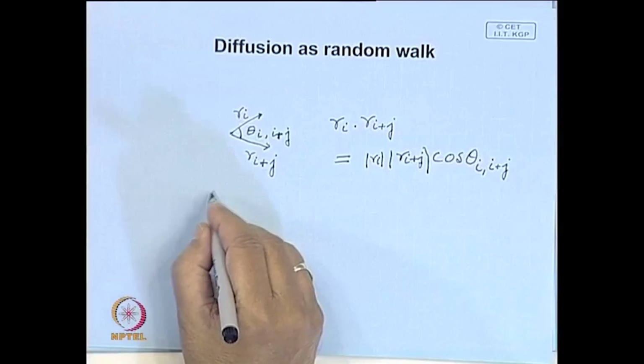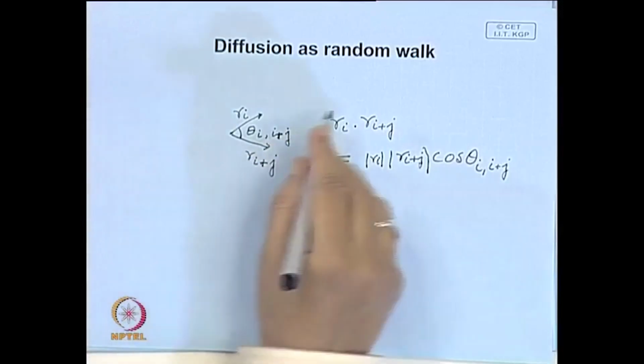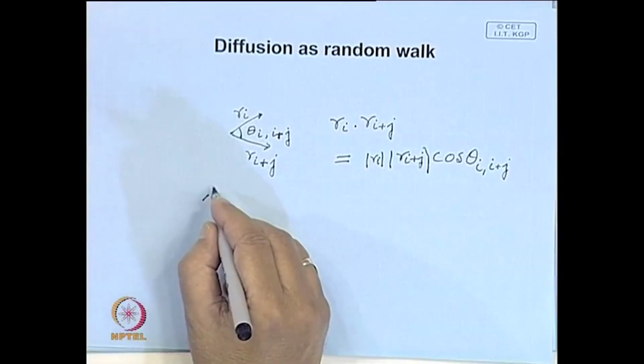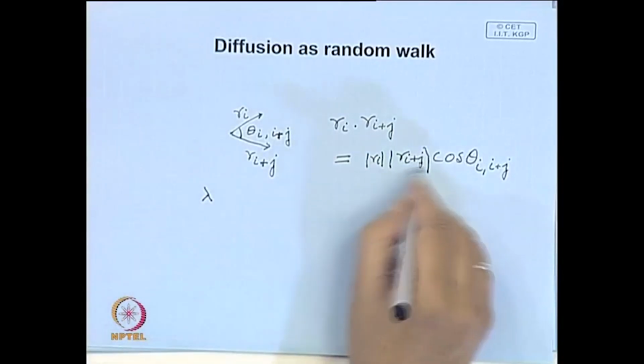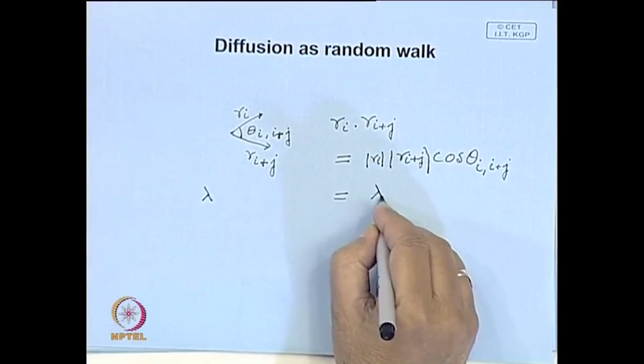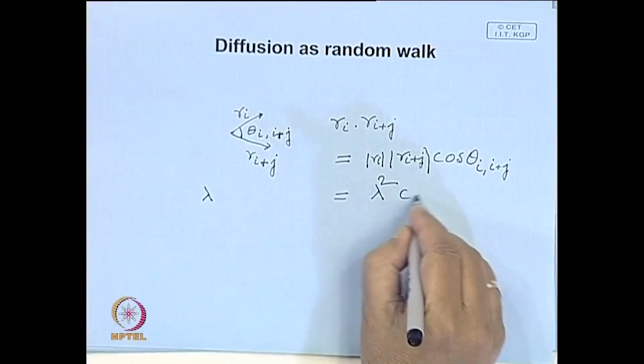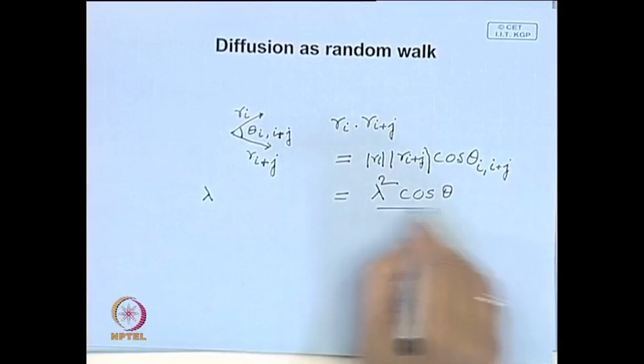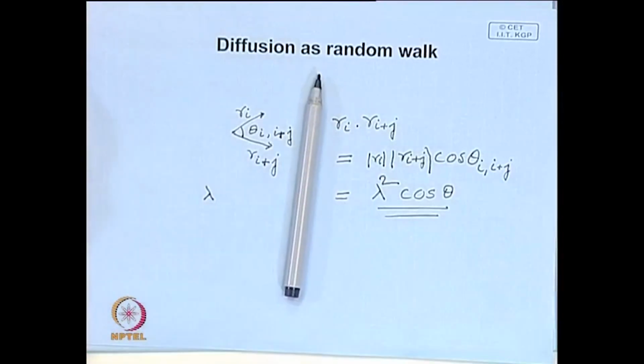Now, we can always say that if the average distance or step size of the movement is lambda, then this will be equal to lambda square cos theta. So, this is what has been done over here.